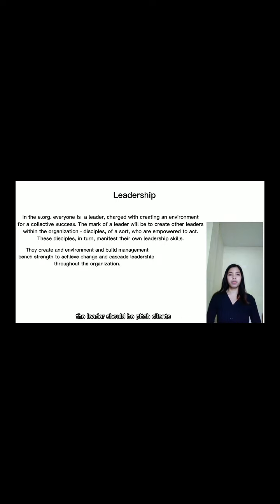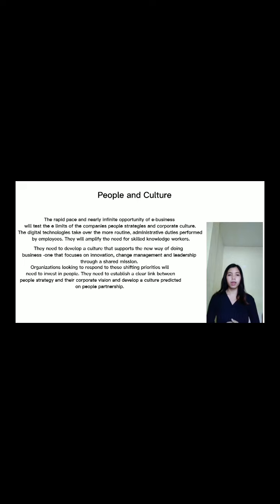The leader should pitch to clients the same way the marketing staff is doing, and this will boost the overall morale of the team. People and culture. The rapid pace and nearly infinite opportunity of e-business will test the limits of companies' people strategies and corporate culture, as digital technologies take over more routine administrative duties performed by employees.